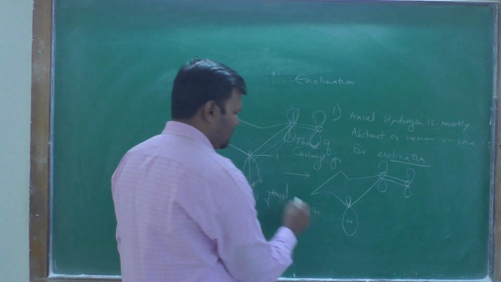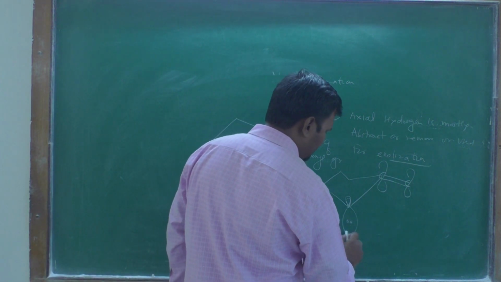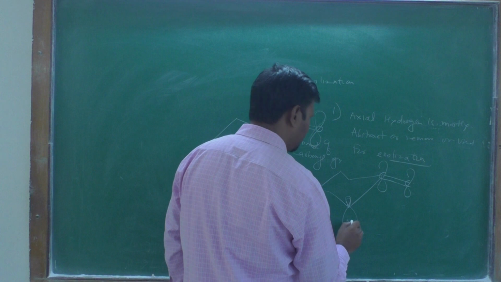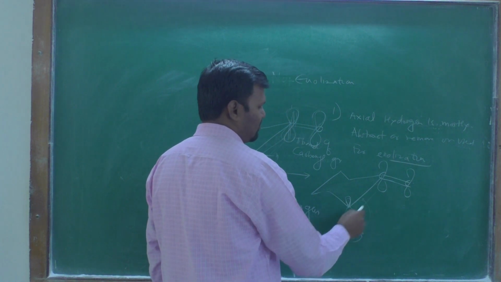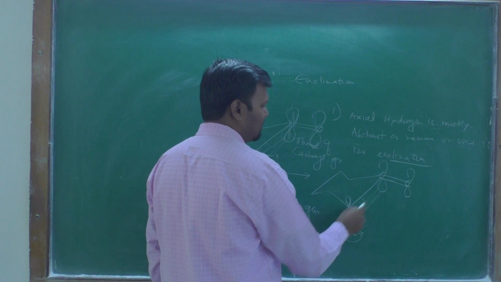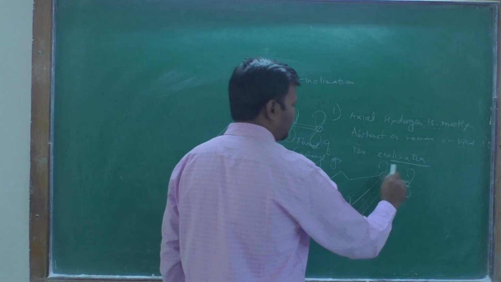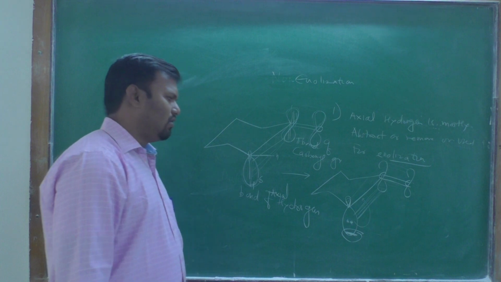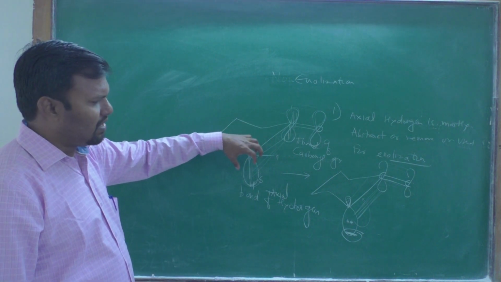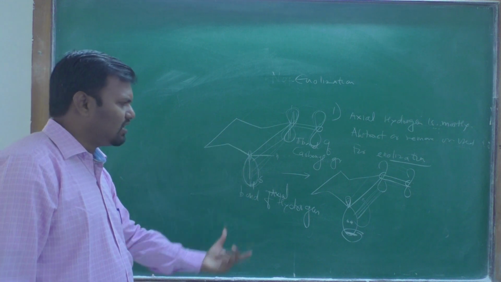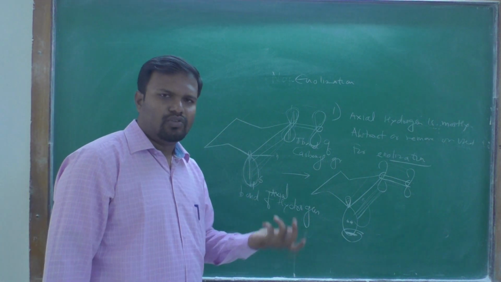After losing the hydrogen, a negative charge is there, shown by this lone pair. In this case also there is an overlapping. Therefore it strongly uses the axial hydrogen during the enolization.